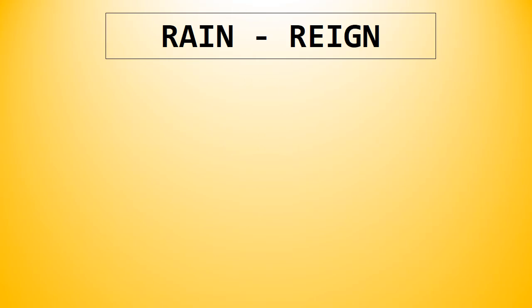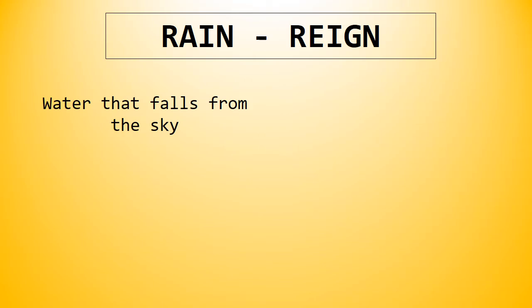Yes, this is a word which comes next in our homophone list, which makes the homophone pair with REIGN, the word rain. The first word makes us feel about thunder and lightning.